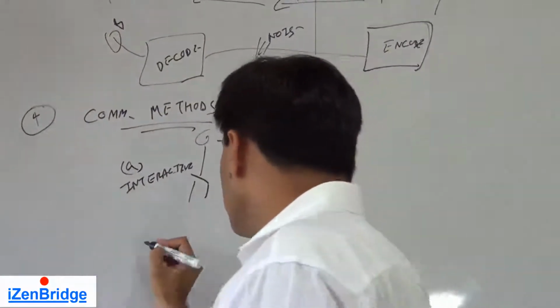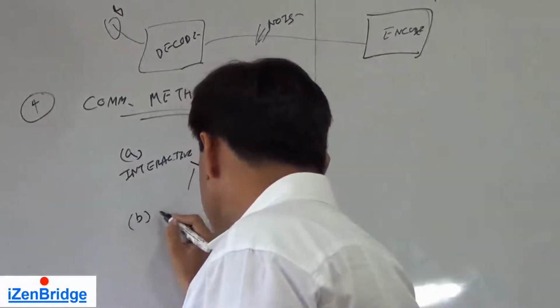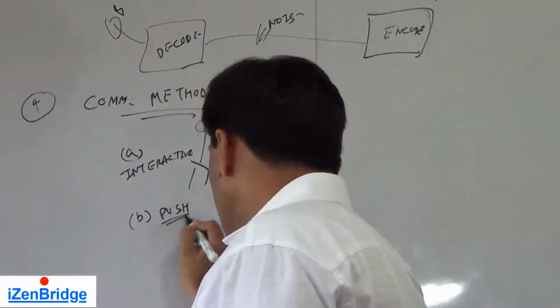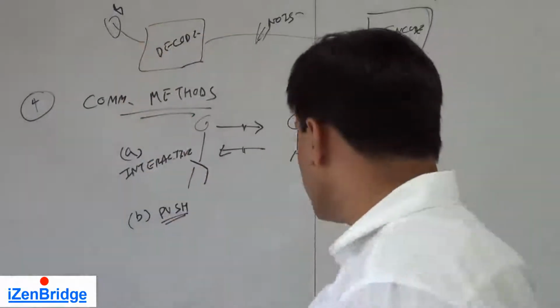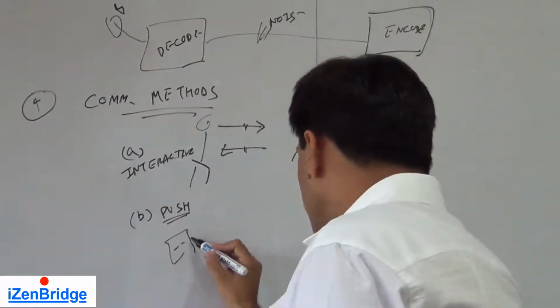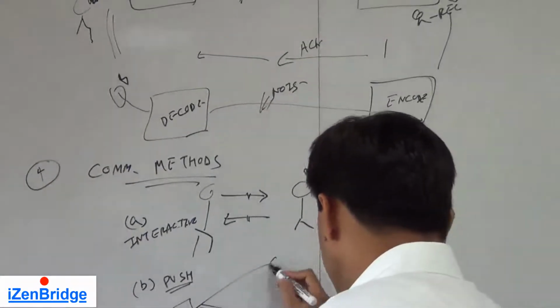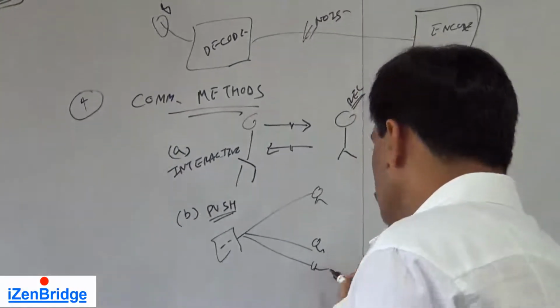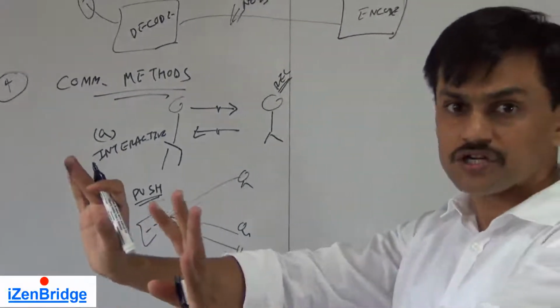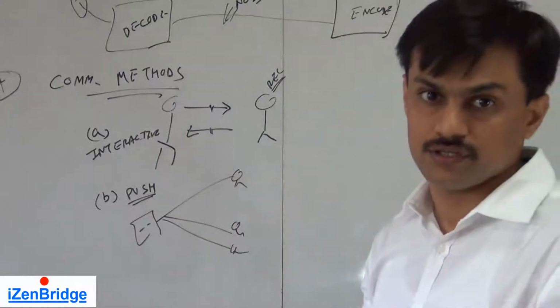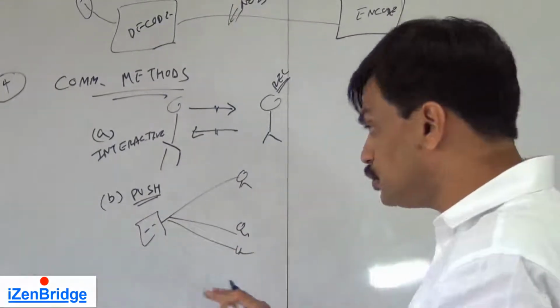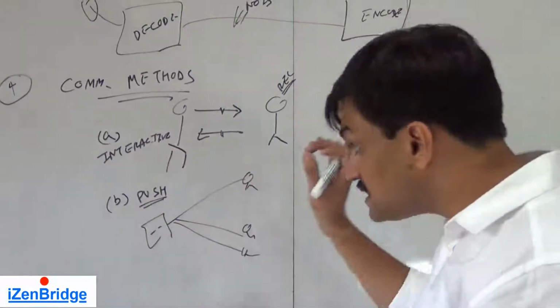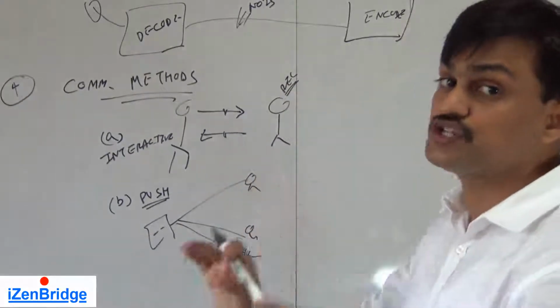The second model is push, or kind of a publisher, where you get the project report and then you publish it. You send an email or you push the information to X number of receivers. And you are not worried about whether they are interpreting the message rightly.